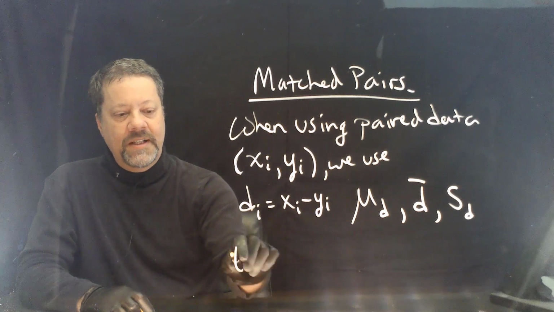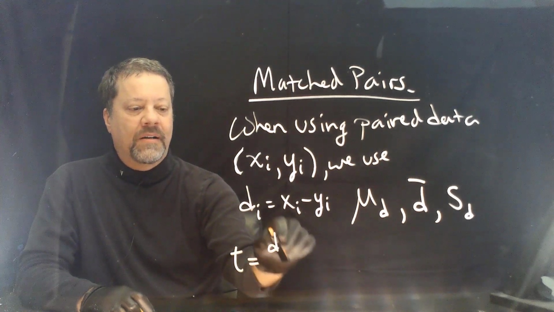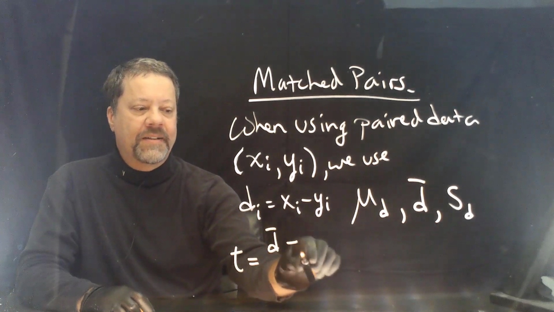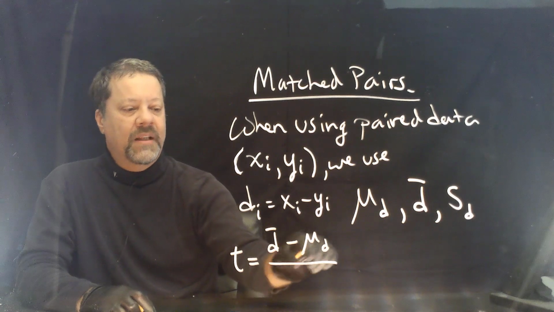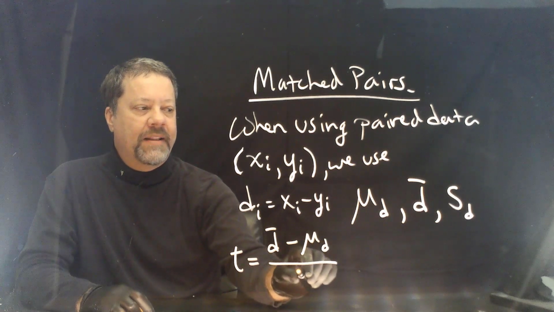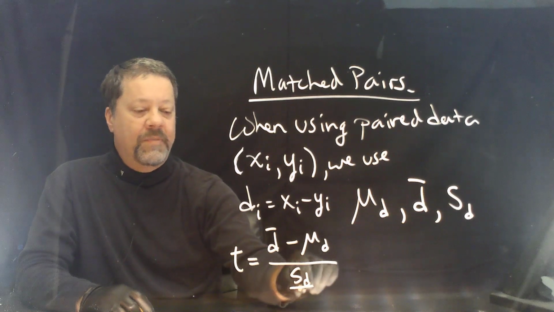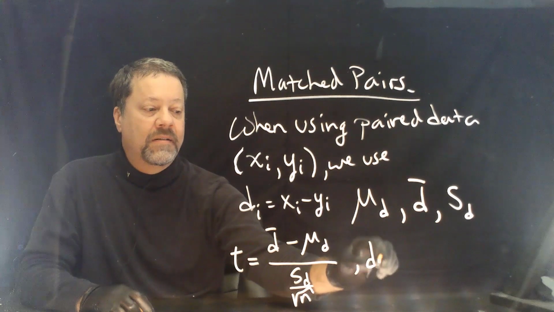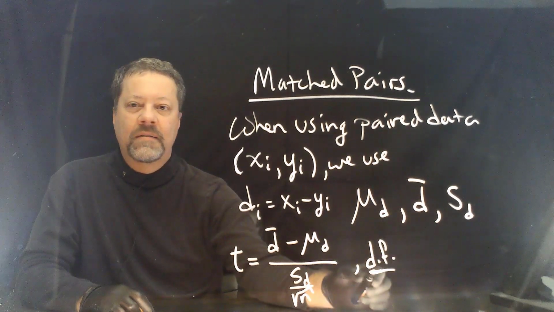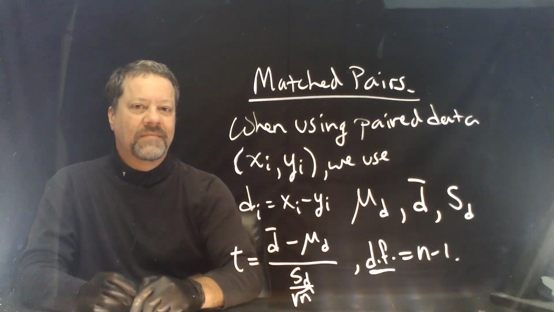The statistic that we'll have is a t-statistic. It will be our sample mean difference minus the null hypothesis mean difference, divided by the standard deviation of the differences divided by the square root of the sample size, and the degrees of freedom will be n-1.